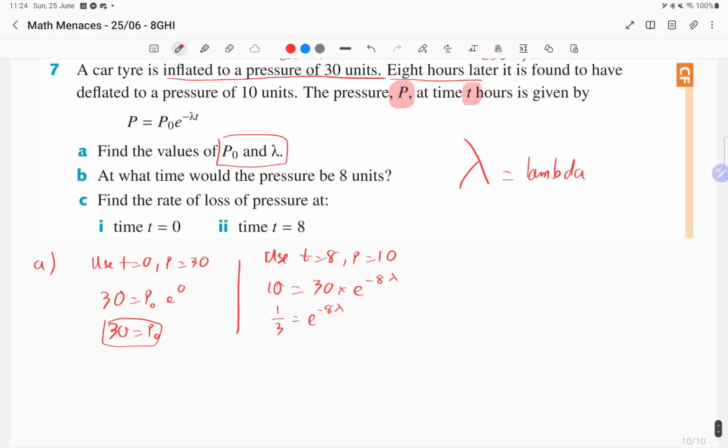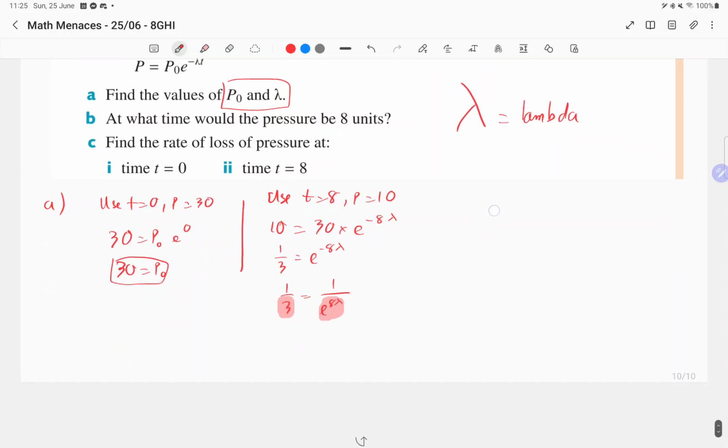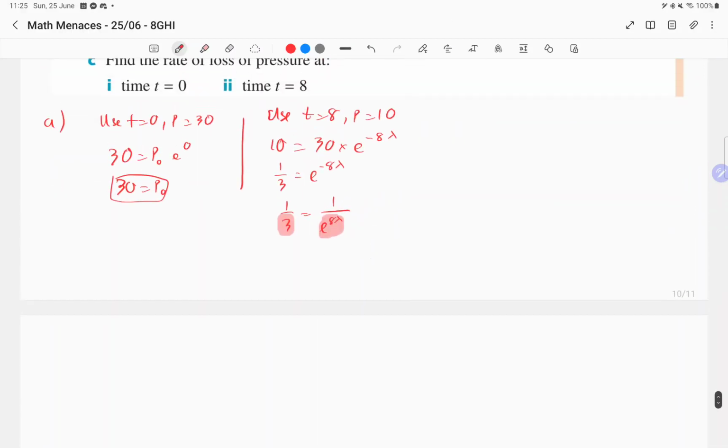So ln, actually, no. It will be easier if you convert it to 1 over e to the power 8 lambda. Then you can equate, because the top is both 1, you can equate the bottom. Wait, why is it 1 over that? Because it's a negative power, right? That's what happens when you do that. Make sense?